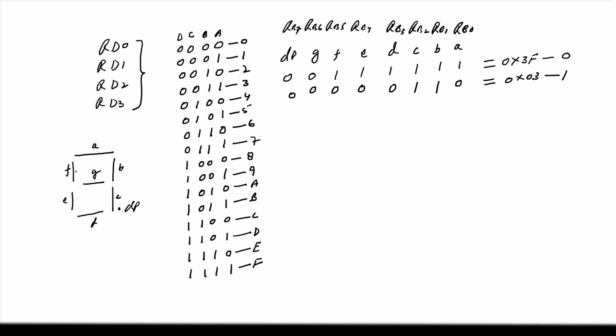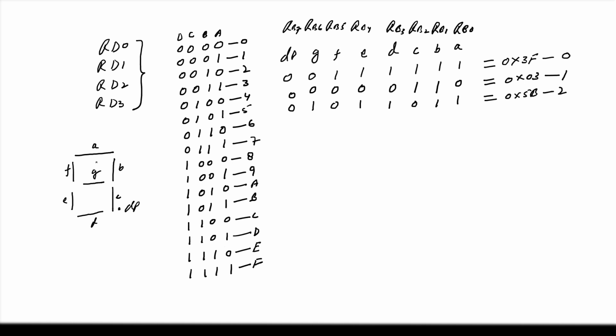Now to display the number 2, F, C and dot point will be off. So C will be 0, F will be 0 and dot point will be 0 and all other segments will be 1. And the equivalent hex number is 5B, that is 0x5B, and it will display the number that is 2.